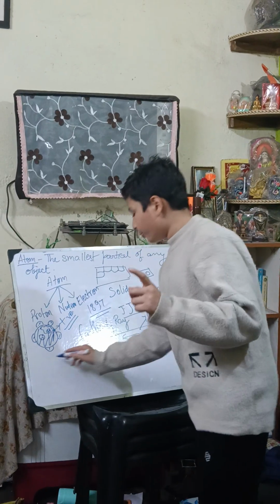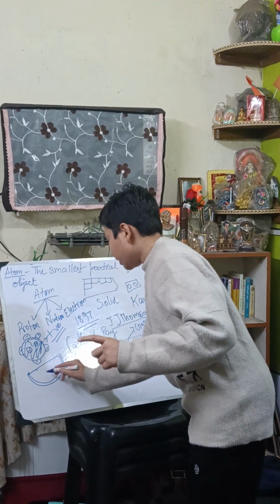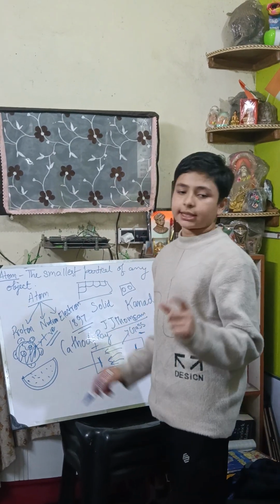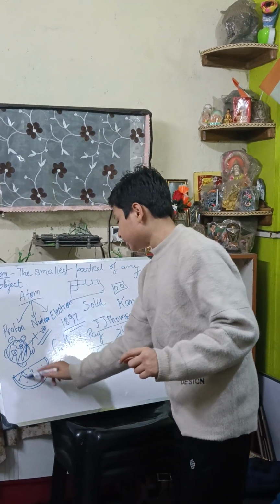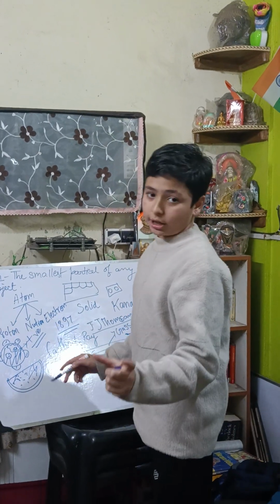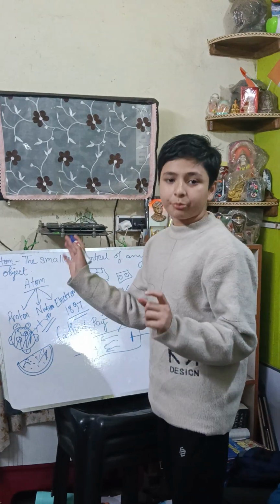He compared it with a practical example, a watermelon. In a watermelon, there are many seeds. These seeds he called negatively charged particles, and the rest, the red part, he called positive. So that was his model of the atom.